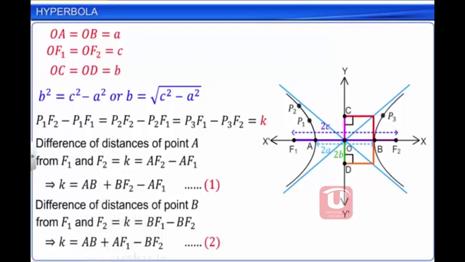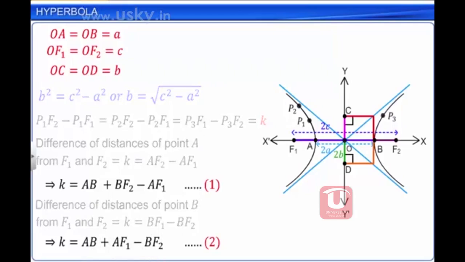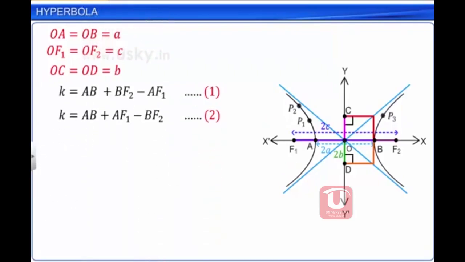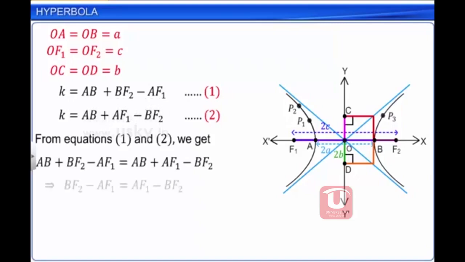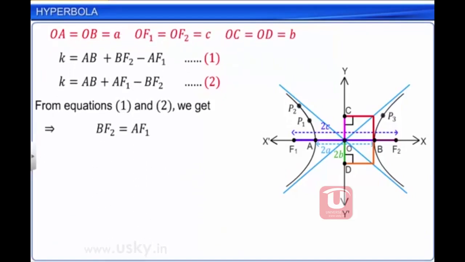Equating the values of K from equations 1 and 2 and simplifying, we get BF2 is equal to AF1. Substituting the value of AB as 2a and BF2 as AF1 in equation 1, we get the value of K as 2a.